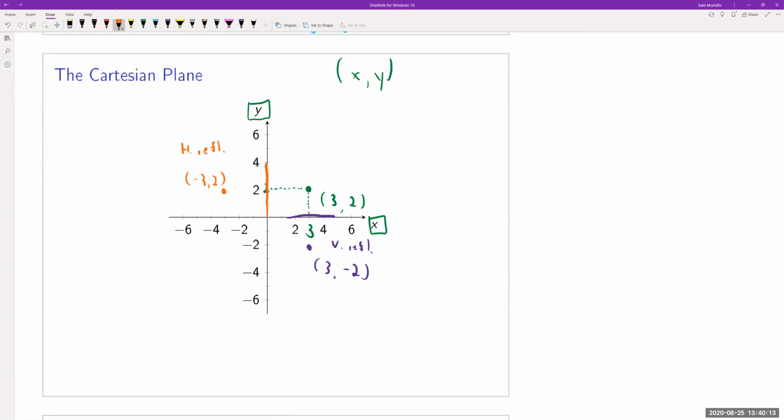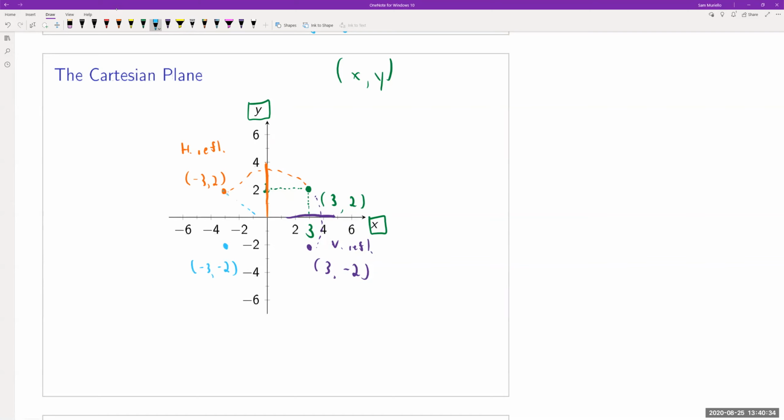In each of these cases, imagine reflecting across this line here. For a reflection about the origin, what I'm looking at is something like this. -3, -2.